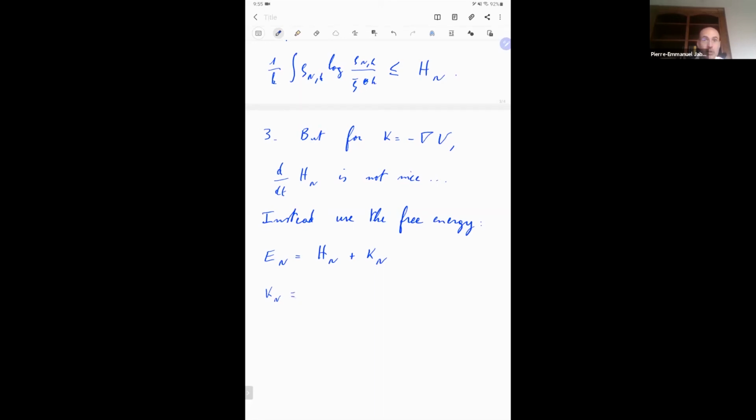This is the integral of rho n. And this is a modulated energy. So this is, if I'm in the torus, something like this.